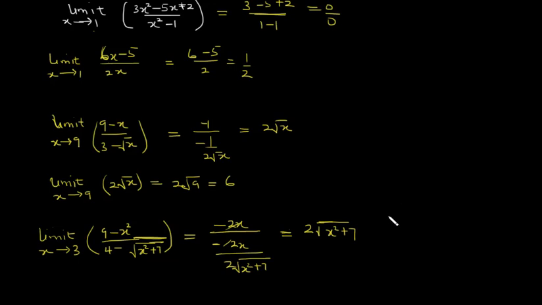Now taking the limit, we have the limit as x approaches 3 of the function 2 root x squared plus 7. We substitute the values into it. We have 2 root of 9 plus 7, which is 2 root 16, and that gives us 8.